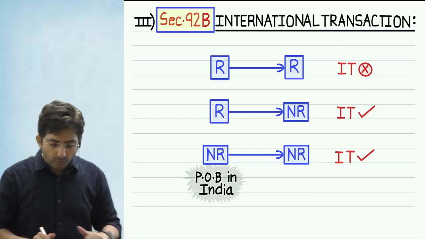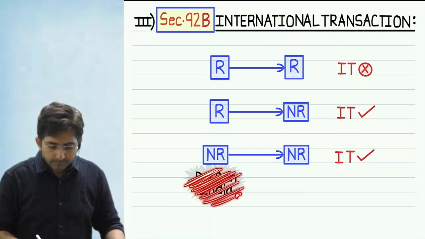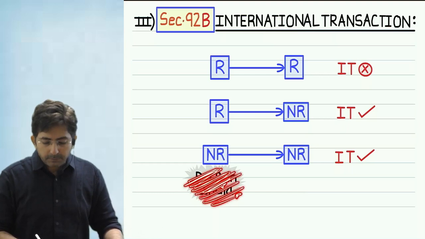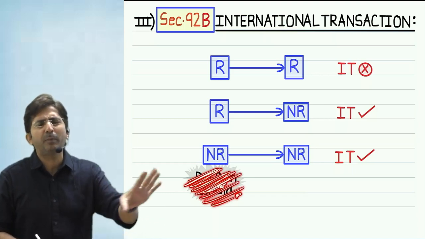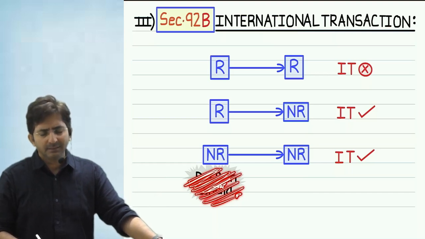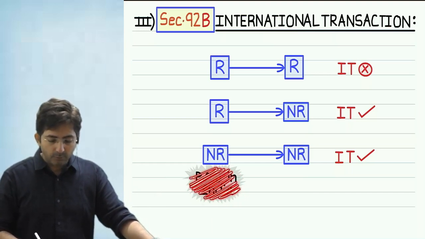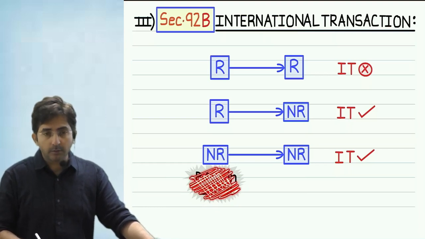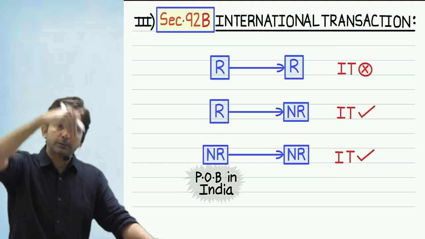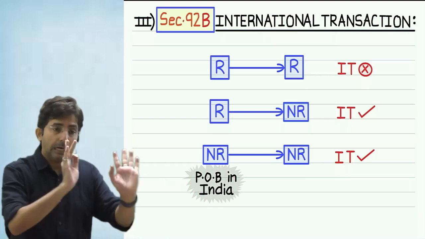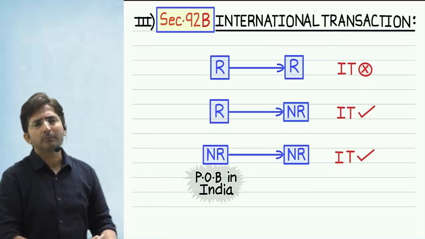Tell me, what if this was not there? Means both the companies are totally NR. No one is liable to pay tax in India. What I'm trying to say, if this thing was not there, means what? One company is incorporated in Australia, business also in Australia. The other company is incorporated in Singapore, business also in Singapore.